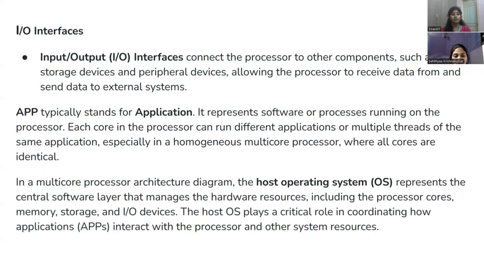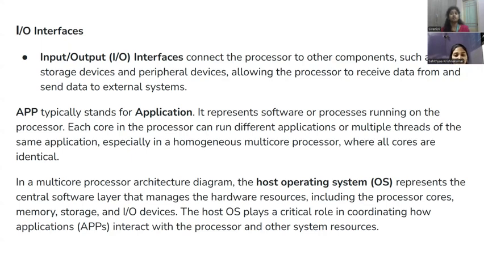Next is the host operating system. The host operating system is crucial software that manages all the hardware resources in the system, including the processor cores, memory, storage, and I/O devices. The OS coordinates how applications interact with the processor and other components. We need this for resource management.